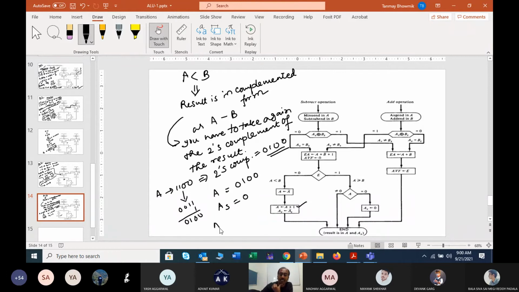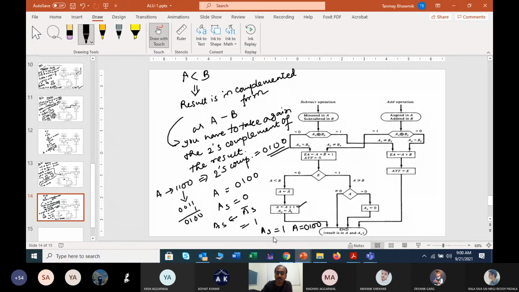So now if you are writing that your AS will store the complemented form of AS, that means it should be 1 only. So now if you are asking that I should get my result from AS and A, what should be your result? Your final result is AS equals 1 and A equals 0100.